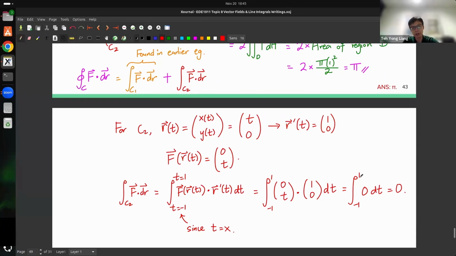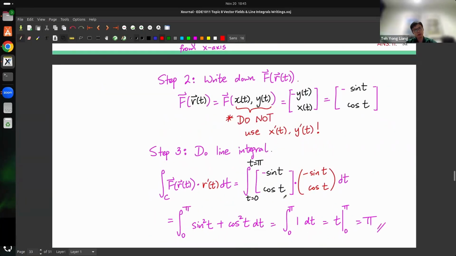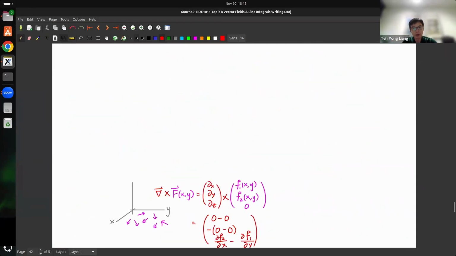Then from the earlier example, you notice that this one is exactly pi. The answer here is pi. So over the semicircular part, the line integral is pi.